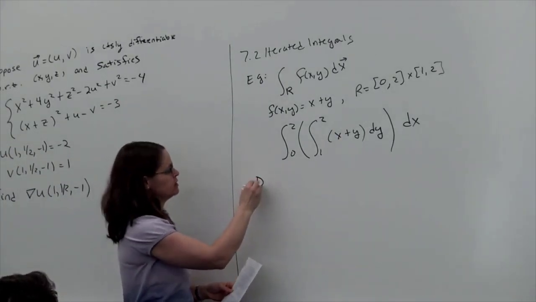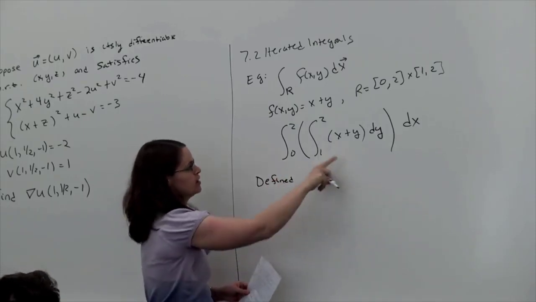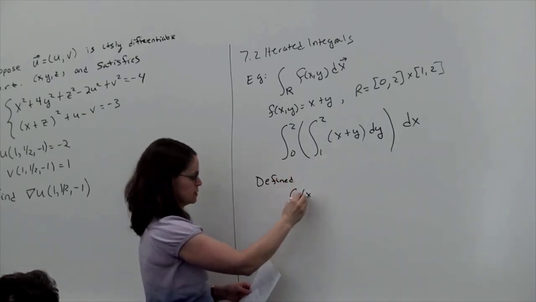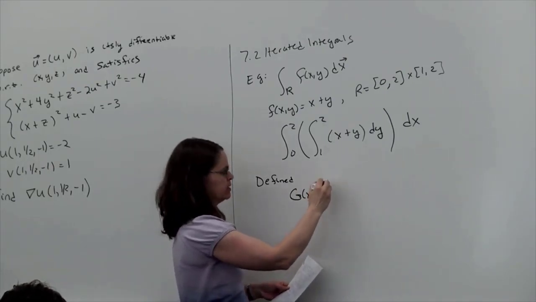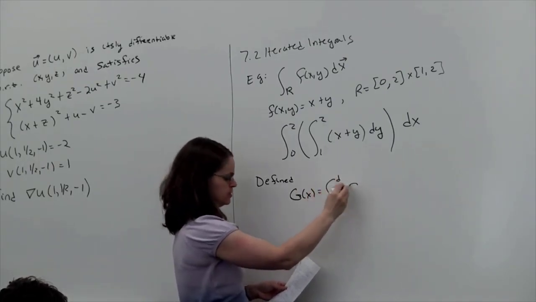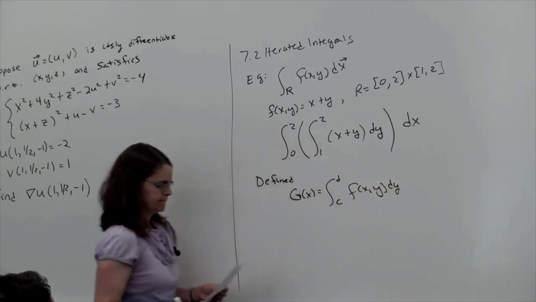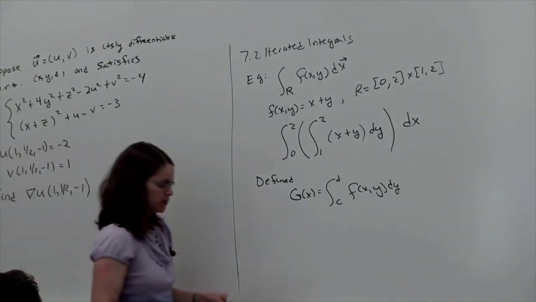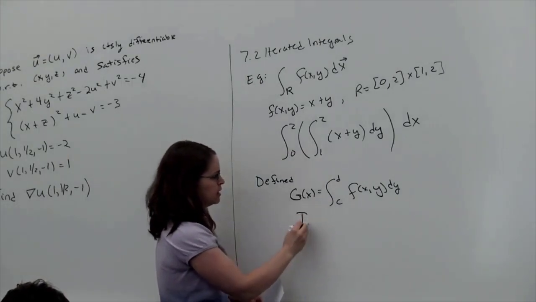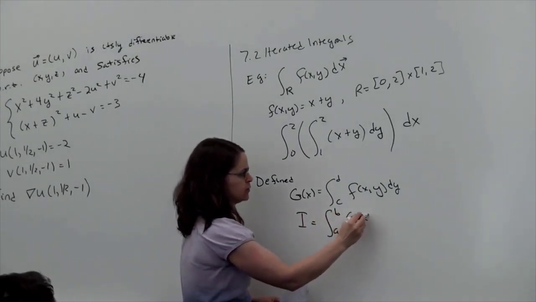We said, let's define an inner function that was, say, the integral over c to d of f with respect to y. So we computed this first 1D integral, and then we computed another 1D integral. We said, let's integrate this function.